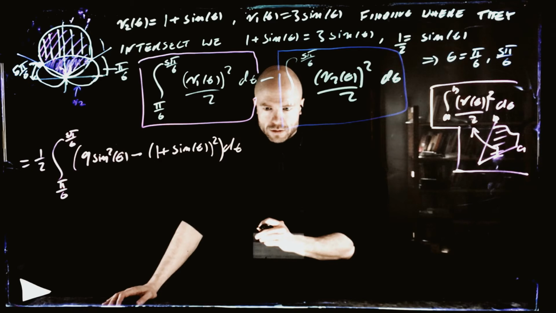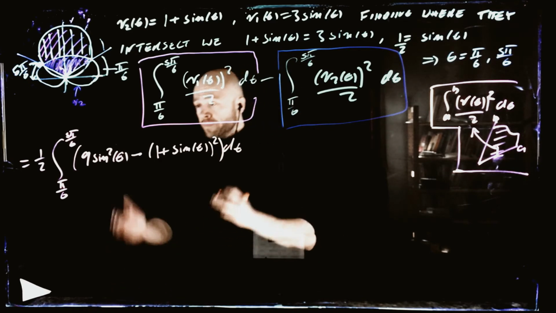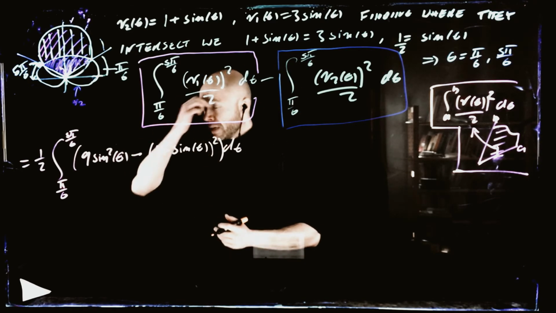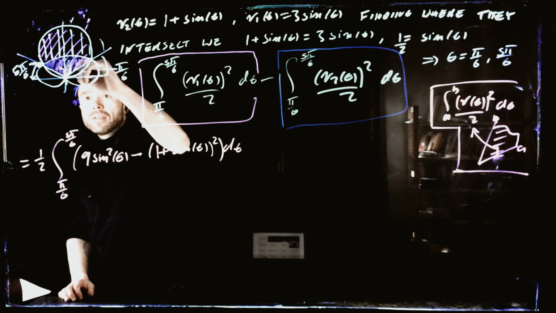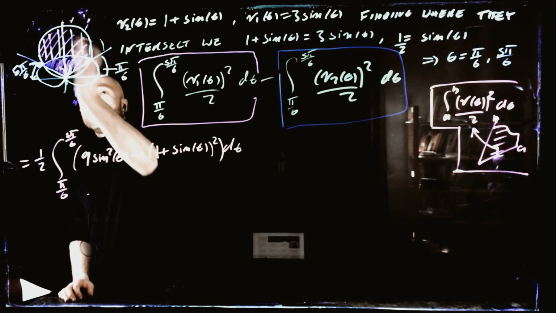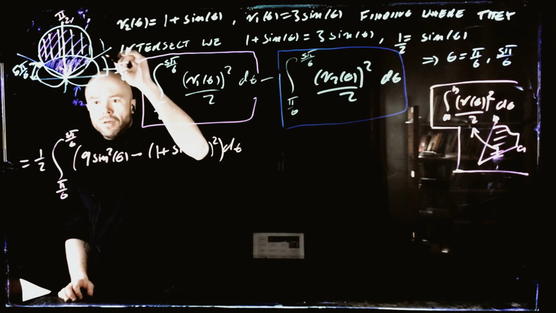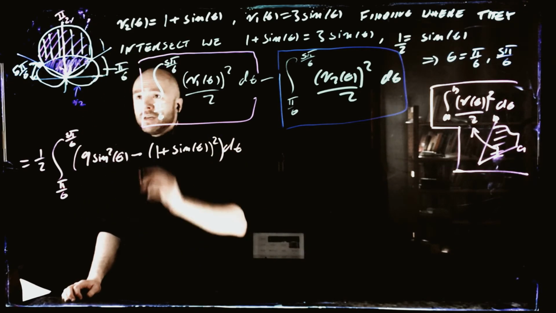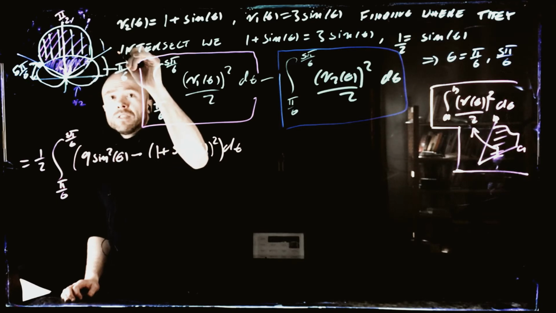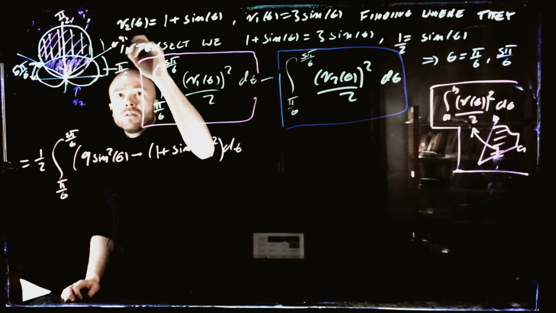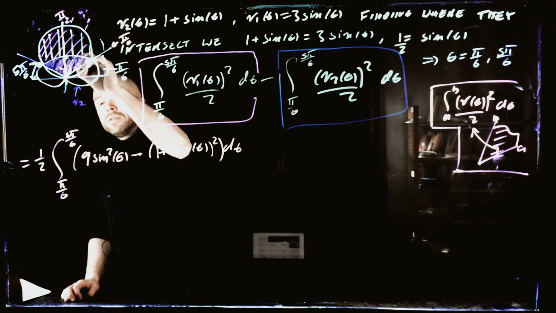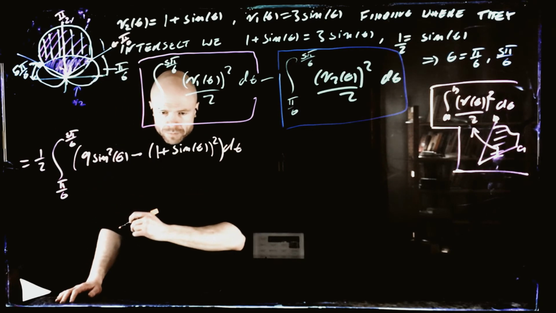Yeah? Cool. All right. Now, we can also make things a little bit simpler in that we notice that everything is symmetrical across the y-axis, which is given by pi over 2. Yeah? So we could instead just integrate from pi over 6 to pi over 2 and then multiply it by 2.